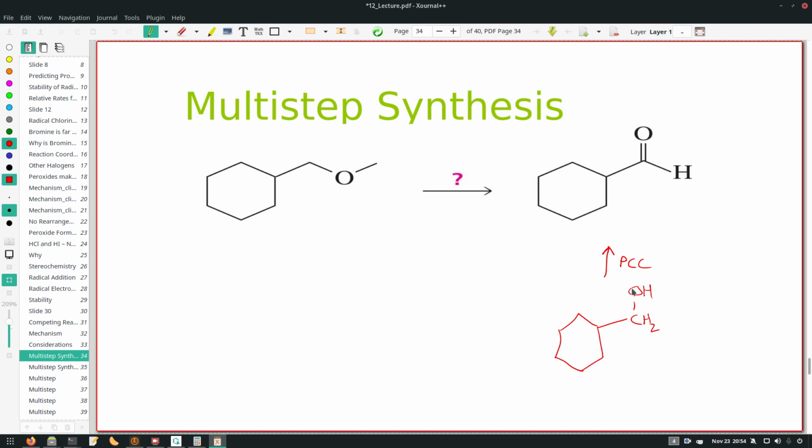Alright, that's what we mean by, on this multi-step synthesis, sometimes working backwards, because there's not many things that we did with all these components.